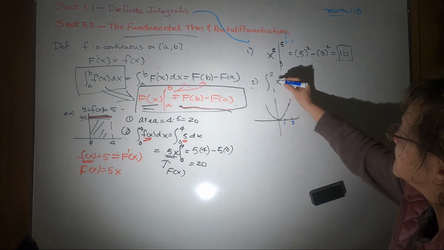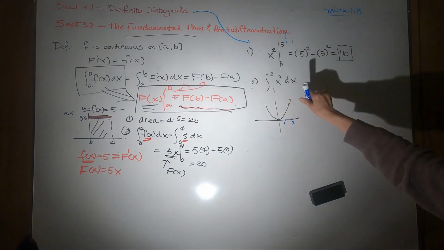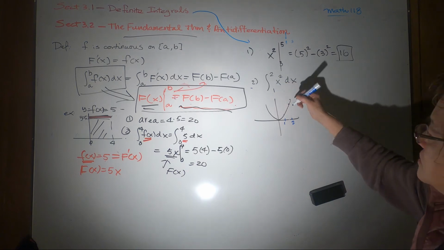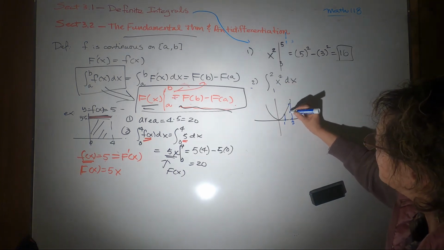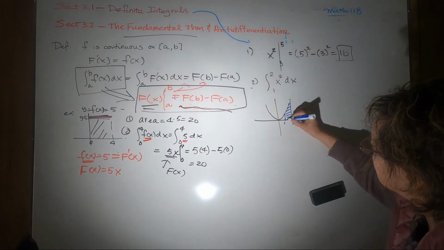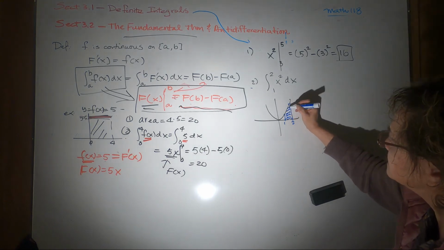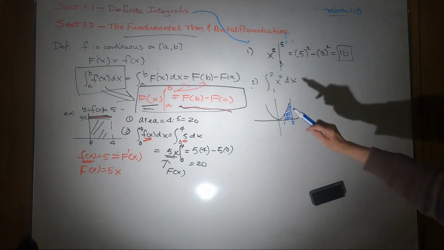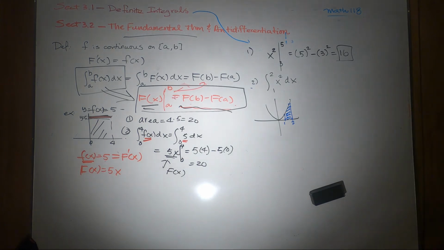So you are finding the definite integral from 1 to 2, which means you are finding the area underneath the curve. That's what this symbol means, from your section 3.1, definite integrals.